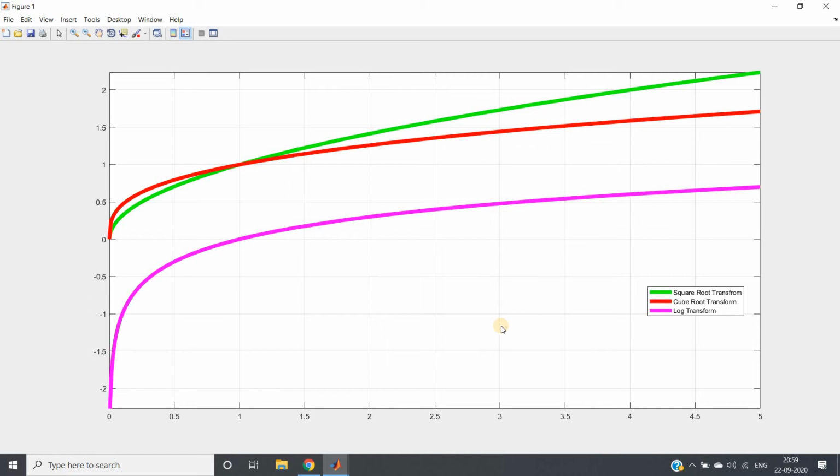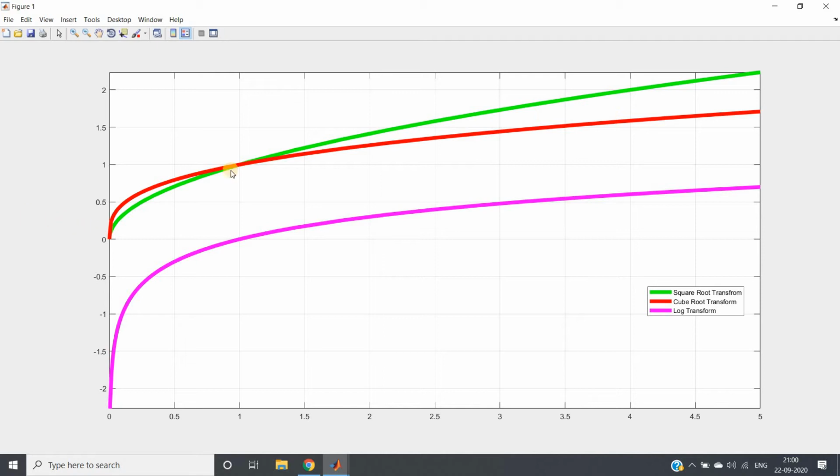So can you tell me which one does the compression operation in the best possible way from these three graphs? Yes, log transformation. You can see that as our positive value increases, the log transformation is compressing the data by a very high amount compared to the square root and cube root.